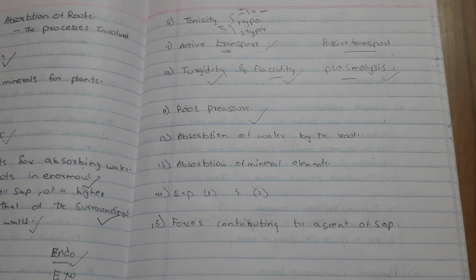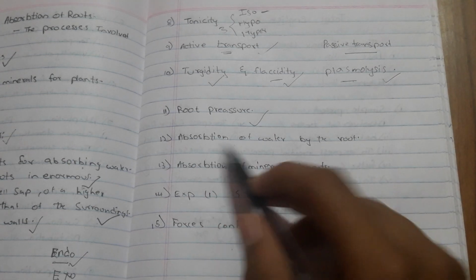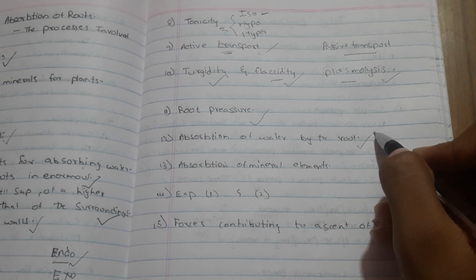Root hair contains cell sap which has a higher concentration of salts as compared to the outside soil water. This absorption of water is very useful for the plant. It is useful for photosynthesis, transpiration and many other processes. That is about absorption of water by the roots.